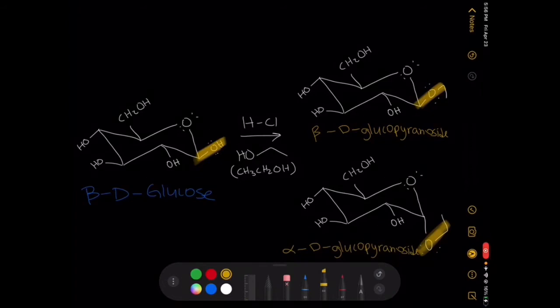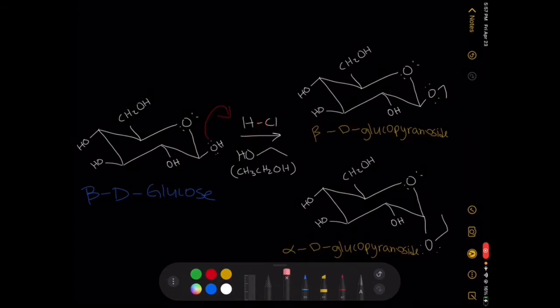To do that, you have to convert this OH into a better leaving group, because OH by itself is not a good leaving group. I hope you can remember that. To do that, we're going to use this H right here from hydrochloric acid. This is gonna go here, and this is gonna leave, because chloride is a good leaving group. That's what I wanted to make sure you understand beforehand.